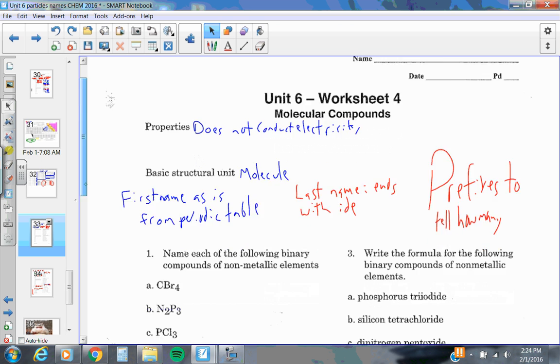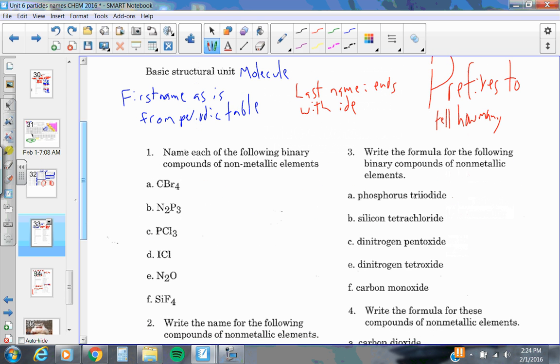So it would look like this. C, carbon, as is. Br4. Br is bromine, so it would become bromide. But there's 4 of them.